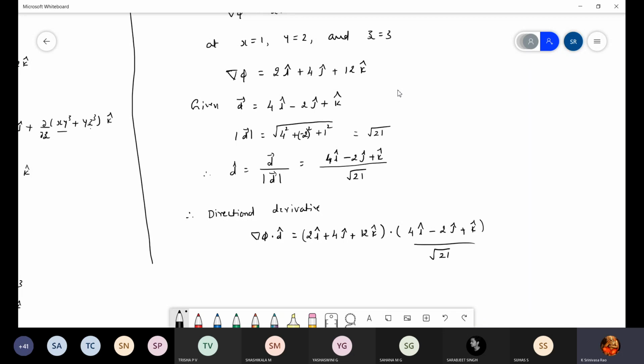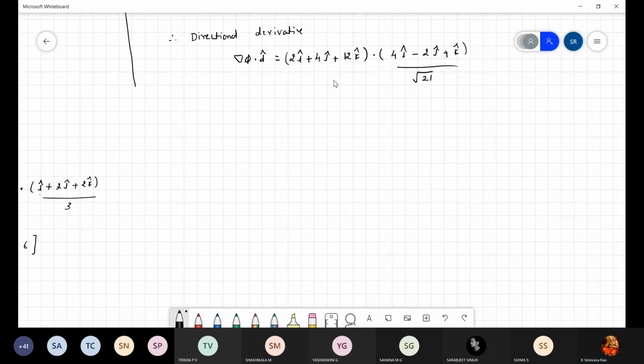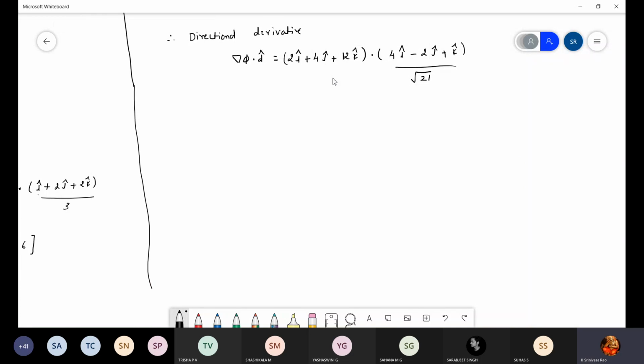That root 21 you can take outside, so that becomes 1 by root 21 into, multiply first term with first term: 4 twos are 8, plus into minus is minus, again 4 twos are 8, and plus 12, 12 into 1 is 12. Final answer is 12 by root 21, 12 divided by root 21. This is the directional derivative. Okay, next problem.